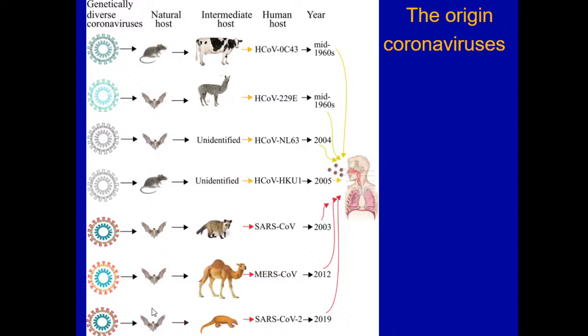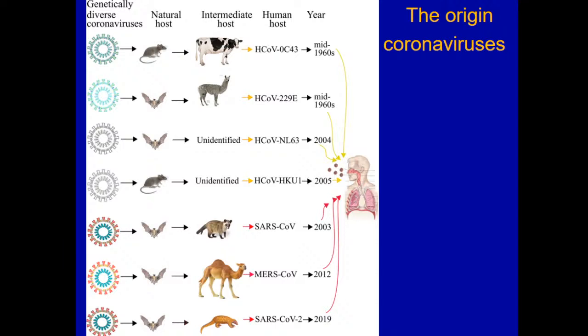So this is the natural reservoir. What animals may serve as natural reservoirs? Those animals in which the disease is not really symptomatic, that may harbor viruses or some other microbes, in our case coronaviruses, without really having any damage to the population of these animals.